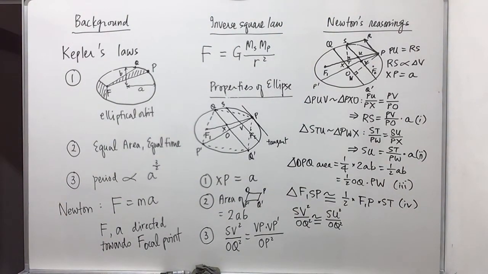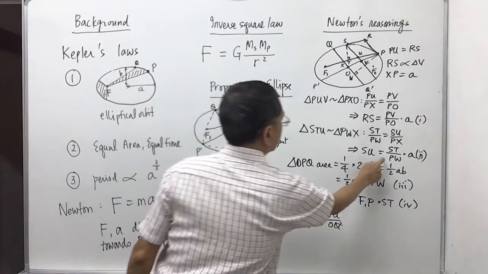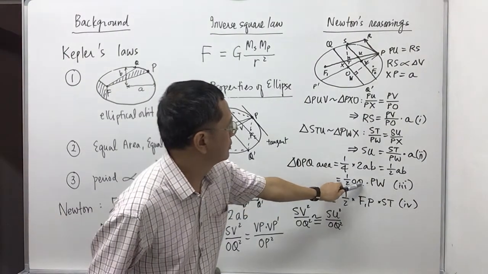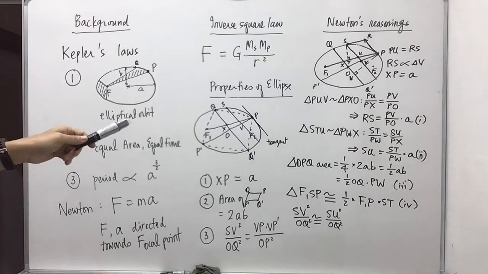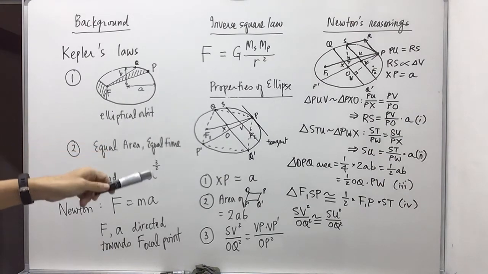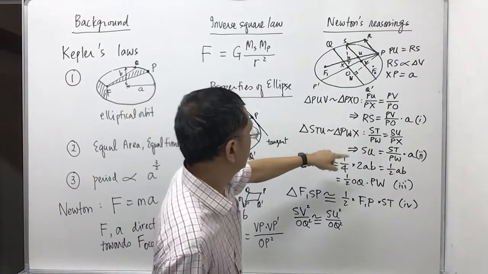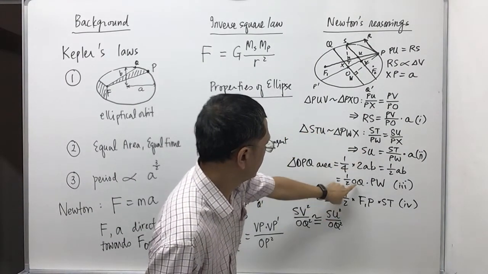Why? Because SU squared, we have something up there. Can you see? SU is over here. OQ can be found from here. So all we have to do is make use of our relation number 2 and number 3.